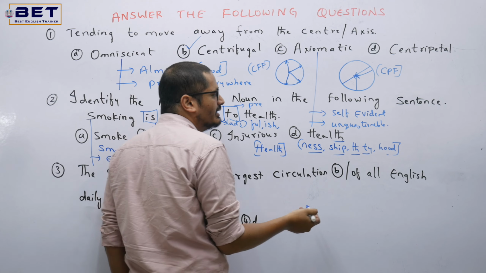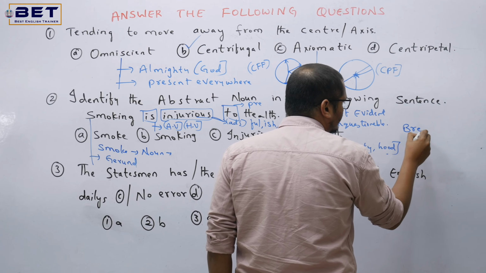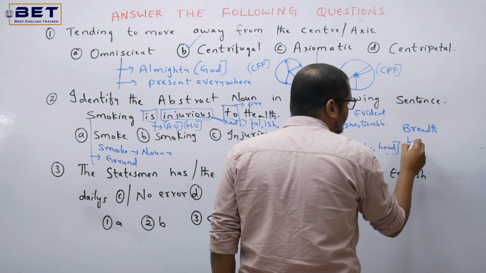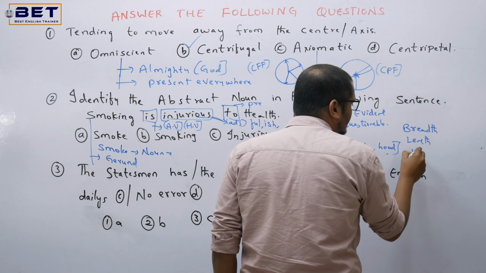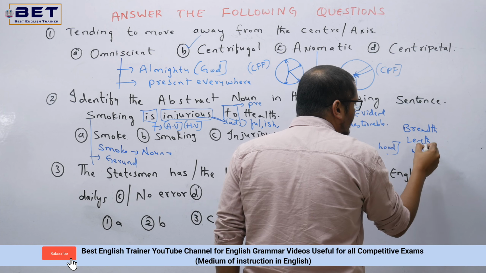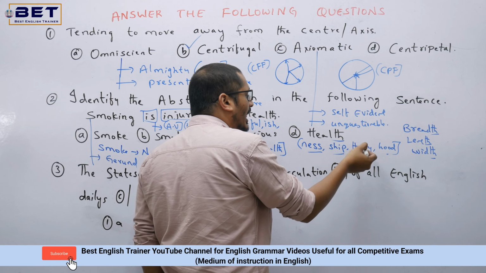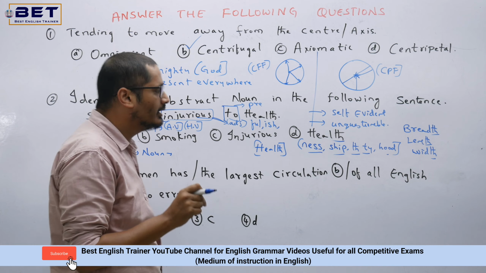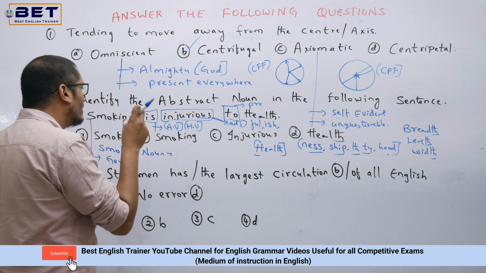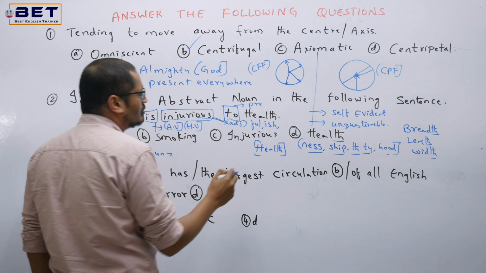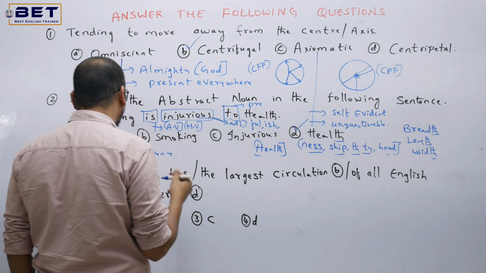For example, breadth, length, width. For all these words we have th. That's the abstract noun. So finally, what is the abstract noun in this sentence? That's option D.